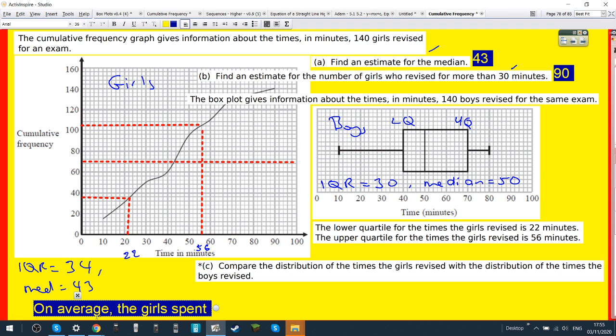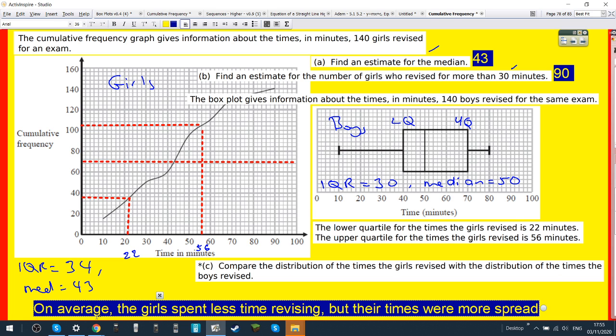Oh, so it's the average, the median. Okay, so the boys did more revision. But the girls' answers were more spread out.